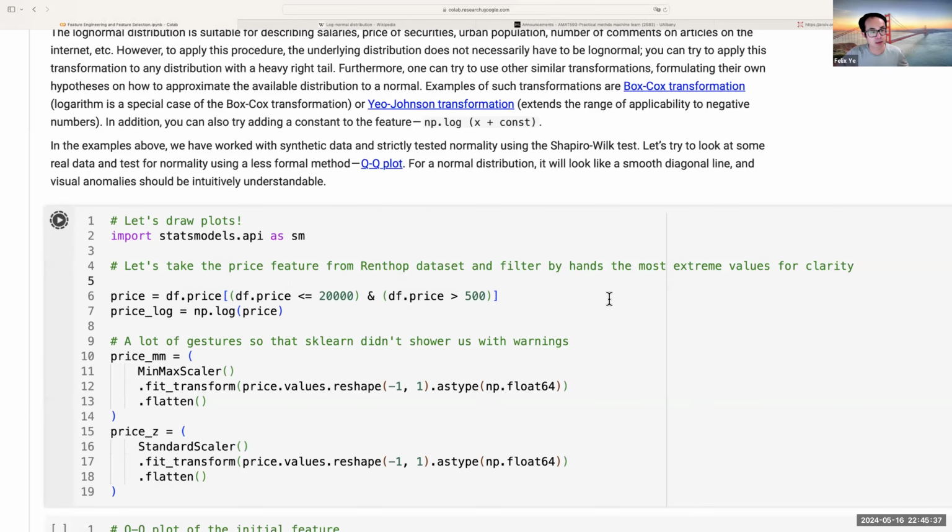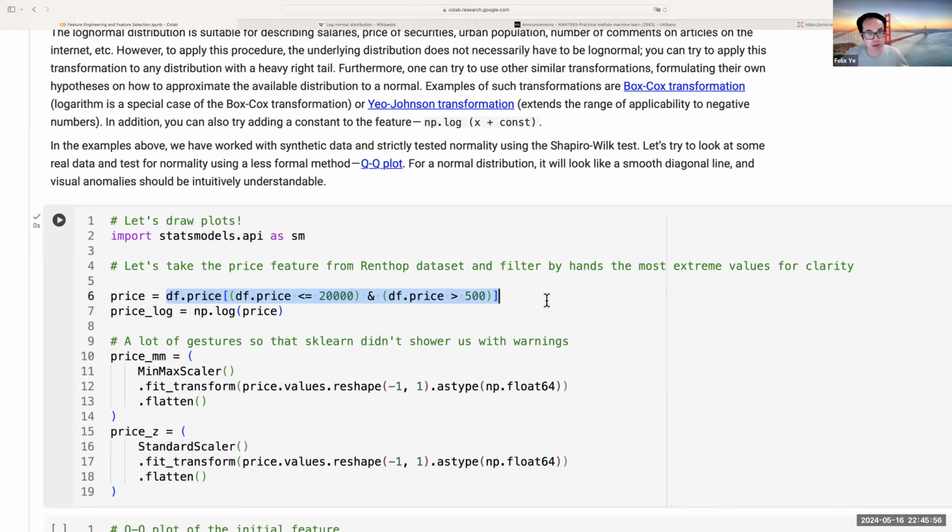Okay, so this is the price. This is the data set that we already have, and we know this is a price. Price is strictly positive, so it's more likely a log normal distribution. So what we do is we take the logarithm of the price.